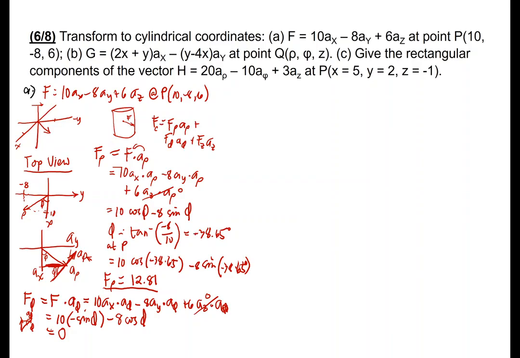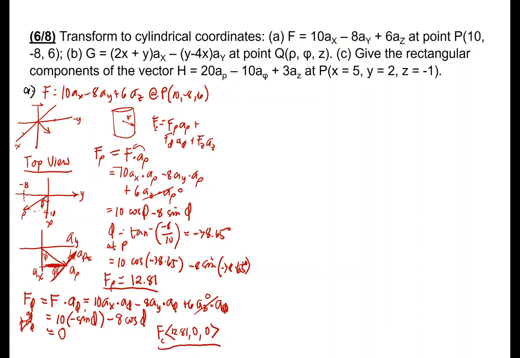So therefore, our final answer in terms of cylindrical coordinates is 12.81, 0, and then 0. Sorry, I should put it like this to show that this is a vector in cylindrical coordinates. I will use C to show that this is cylindrical. Okay, so this is our answer.